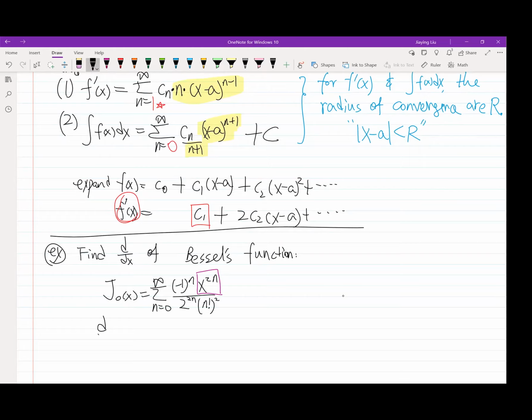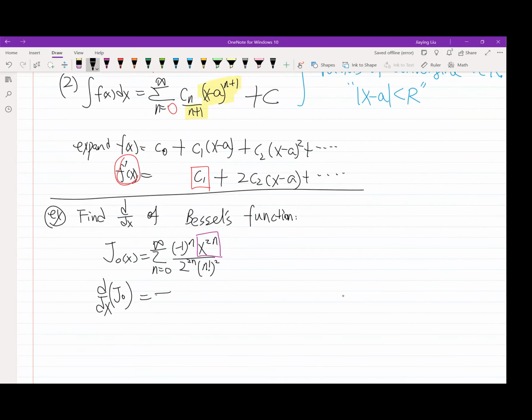The rest, they're just coefficients. So if we take the derivative of J0, we end up with the sigma staying, the (-1)^n staying, and the denominator 2 to the 2n. Again, those are just numbers, right? They stay. And the n factorial doesn't depend on x, so it also stays. The only thing that's different is x to the 2n. We just take the derivative of that directly. So we bring the exponent in front, and that's 2n times x to the 2n minus 1.